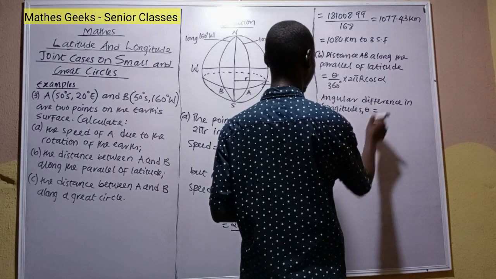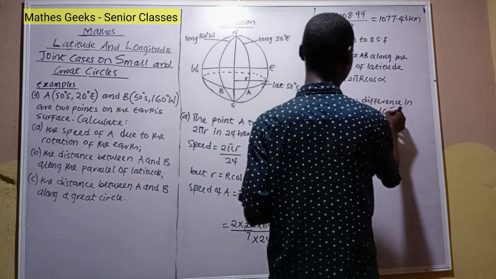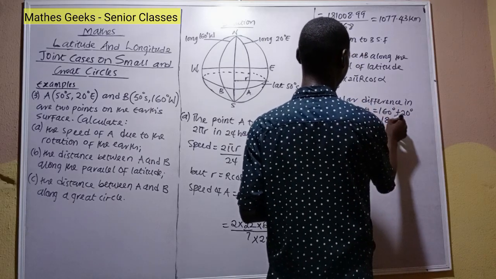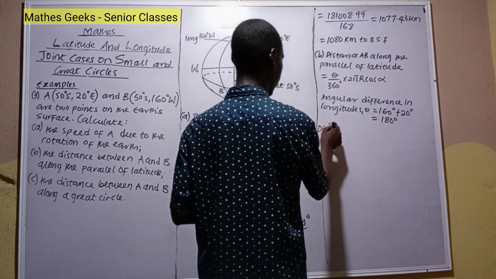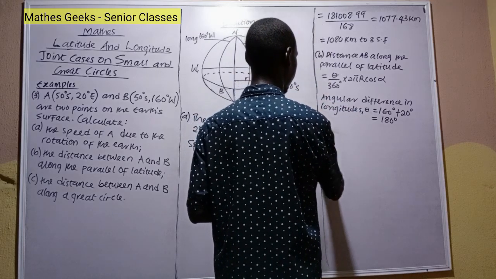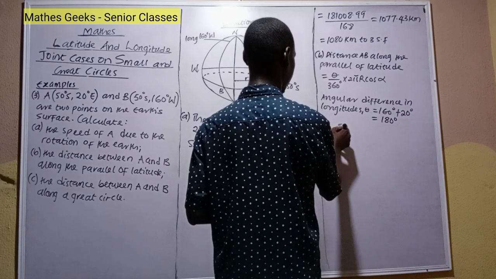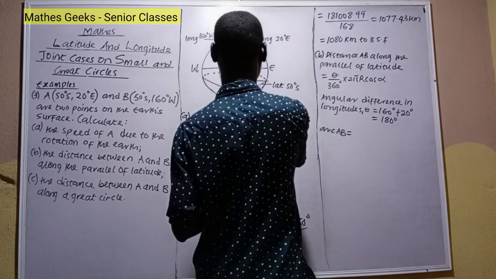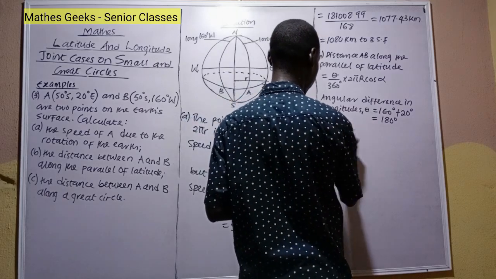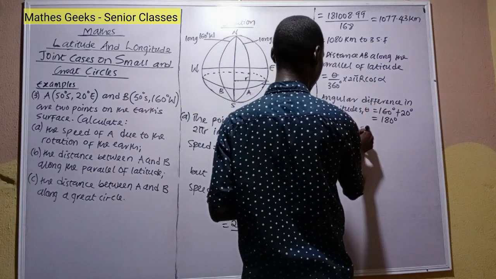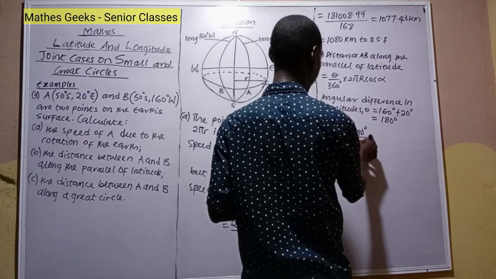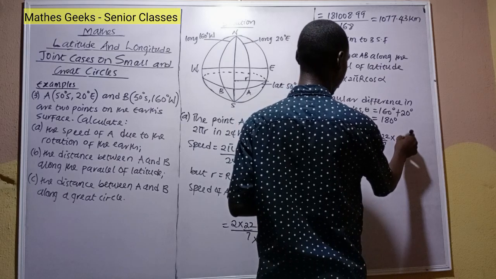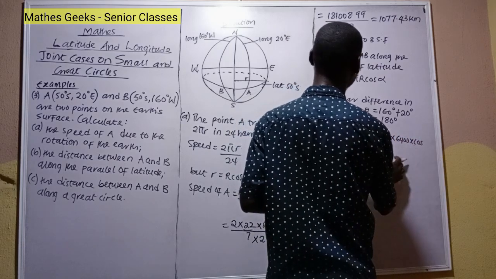That's theta is equal to 160 degrees west plus 20 degrees east, that is equal to 180 degrees. So arc AB, or minor arc AB, is the distance between A and B, which is this line. It is equal to 180 degrees divided by 360 degrees times 2 times 22 over 7 times 6,400 times cos 50 degrees.